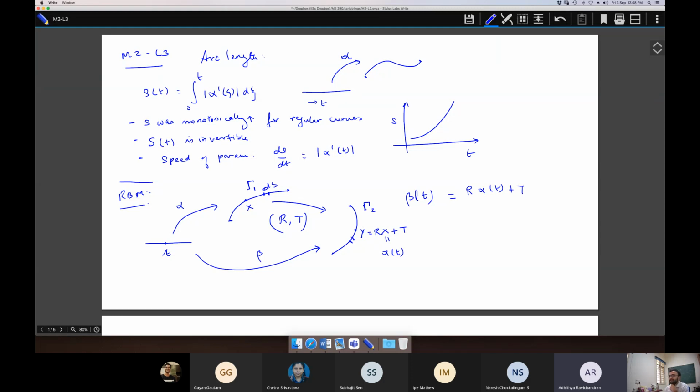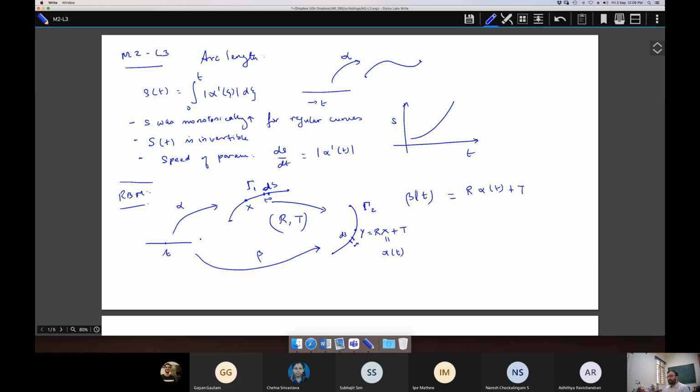If I took the length ds here, what will the corresponding length here be? Do I need to compute it or can I make a guess? ds, because you're just doing a rigid body motion. No lengths will change, no angles will change. I mean, angles will rotate, but relative angles will not change.